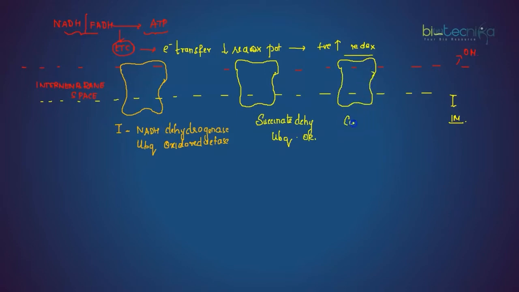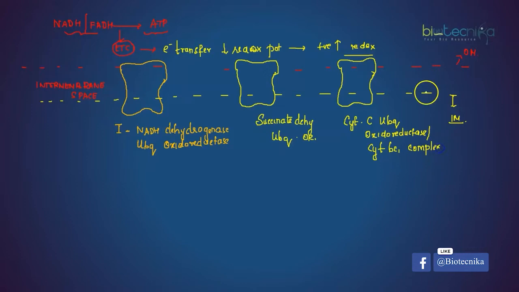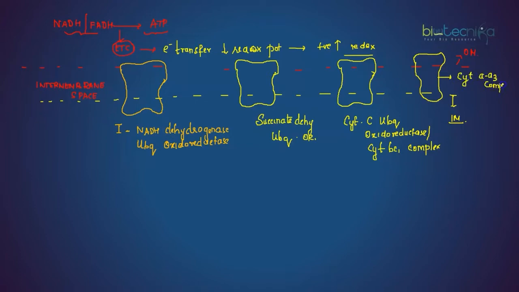So this complex is called cytochrome C ubiquinone oxidoreductase, and this is otherwise called the cytochrome BC1 complex. And the fourth complex is called cytochrome AA3 complex, or cytochrome C oxidase, not oxidoreductase, it is oxidase.